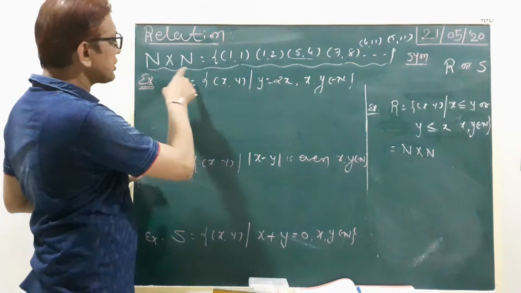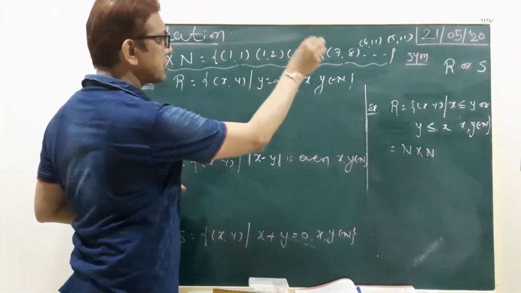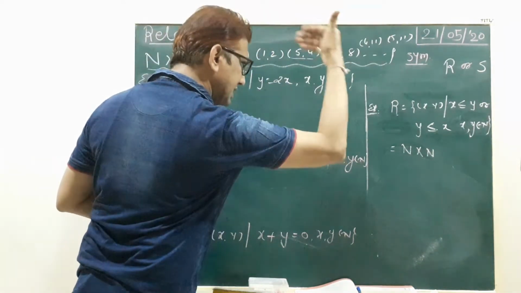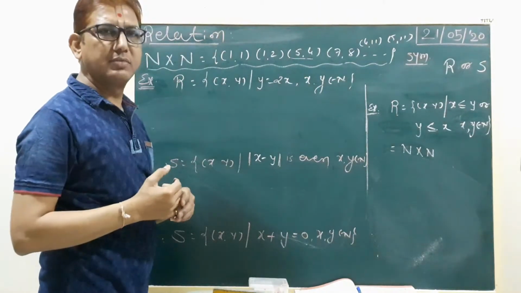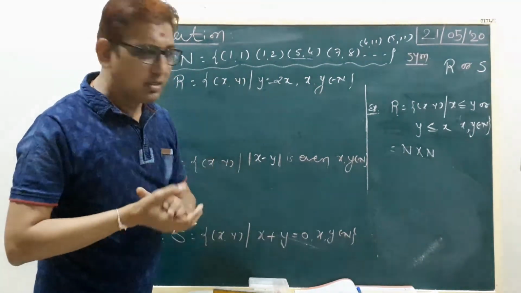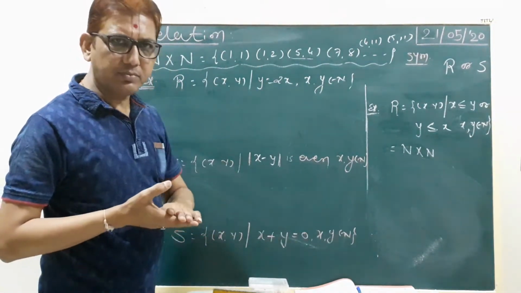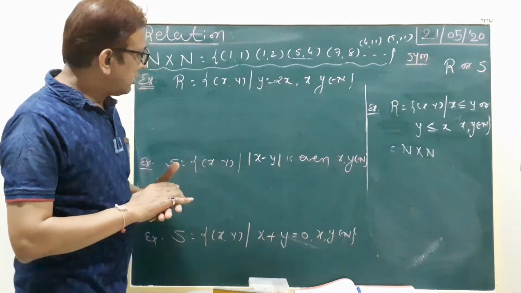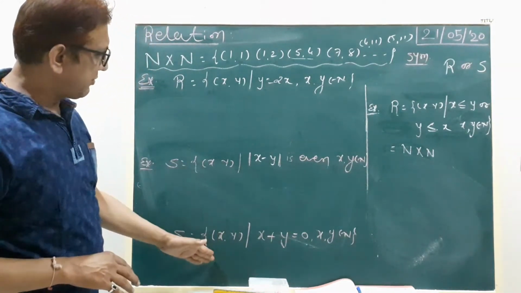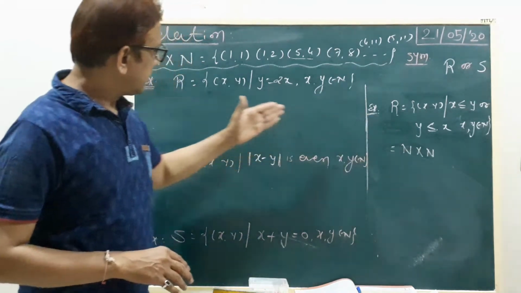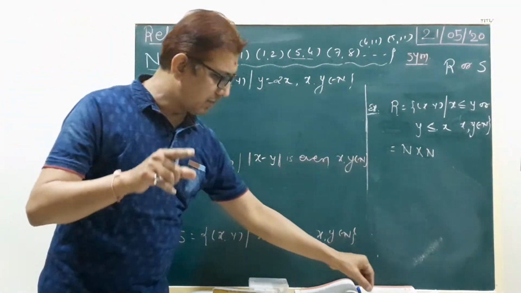Here we write N cross N: (1,1), (1,2), (5,4), (7,8), (4,11), (5,11), etc. A million ordered pairs. Right? Now we give some examples. Here we write on the board.